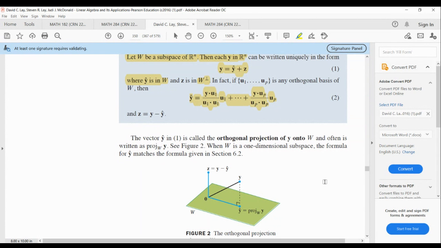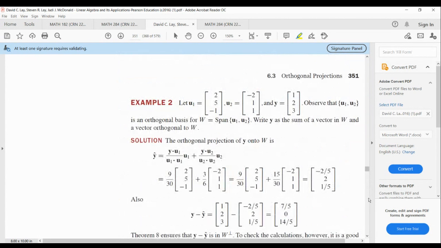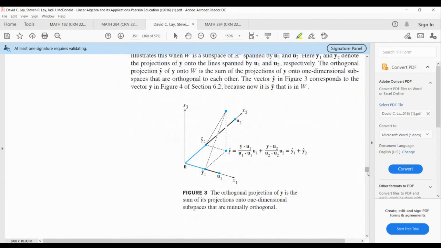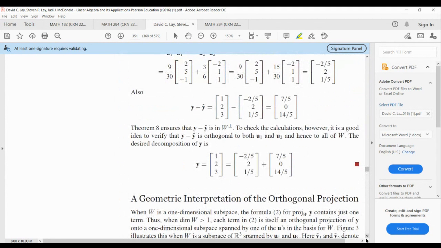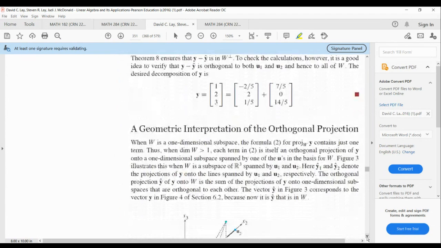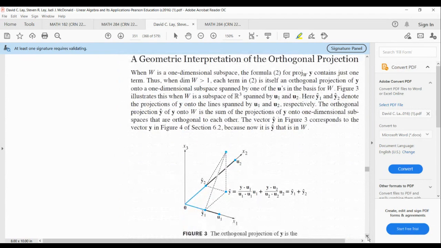Let me go down a little bit. There's a picture: geometric interpretation of an orthogonal projection. The interpretation you saw from section 6.2 was when the vector y and the orthogonal vectors u1 and u2 were in a two-dimensional space.